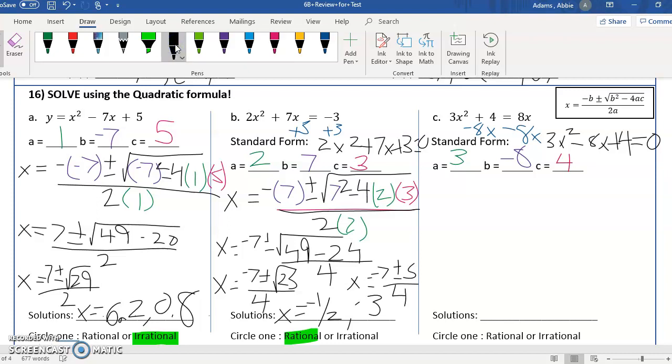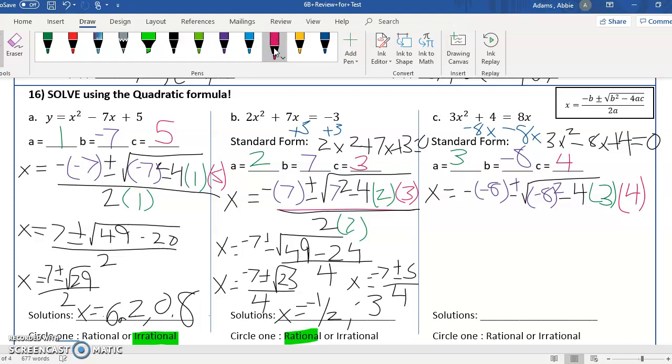So plugging it back into the quadratic formula again, we have x equals negative 8 plus or minus the square root of negative 8 squared minus 4 multiplied by our a value of 3 multiplied by the c value of 4, divided by 2 multiplied by a, which is 3.